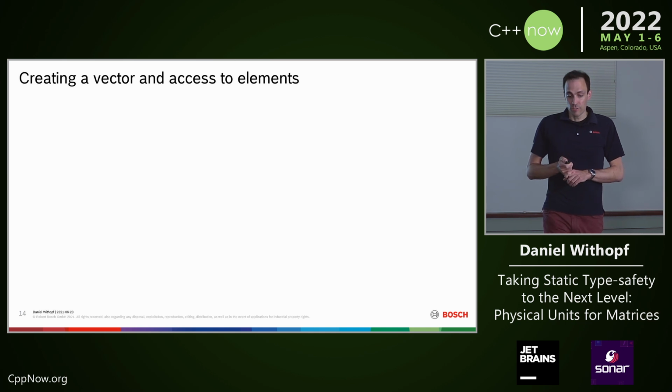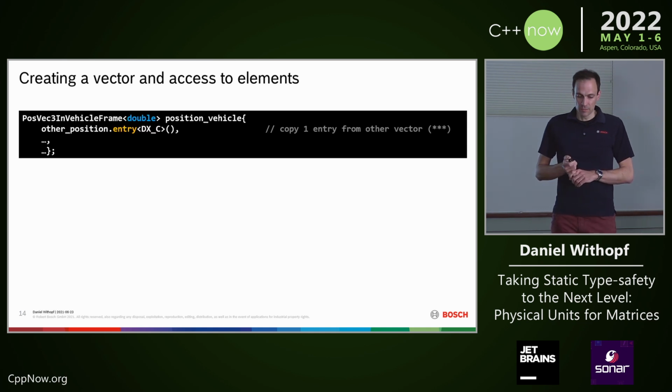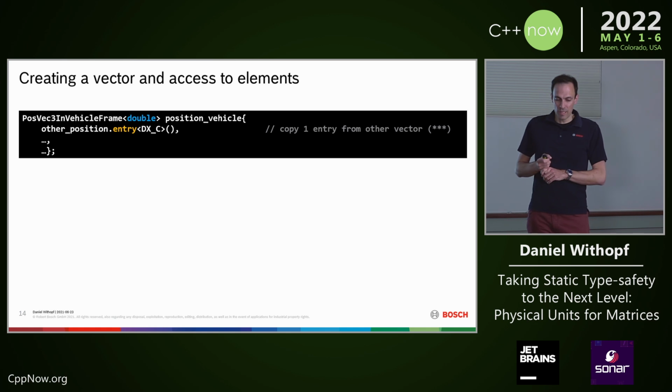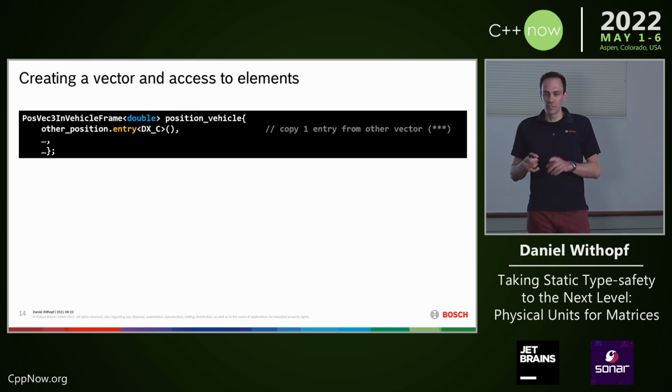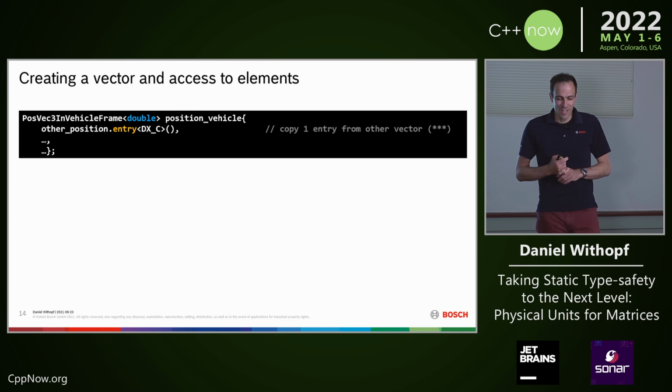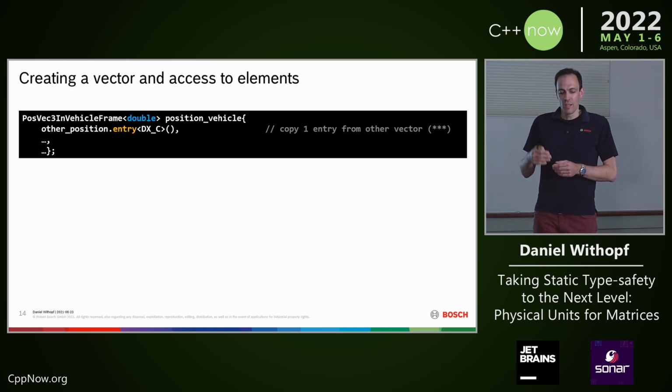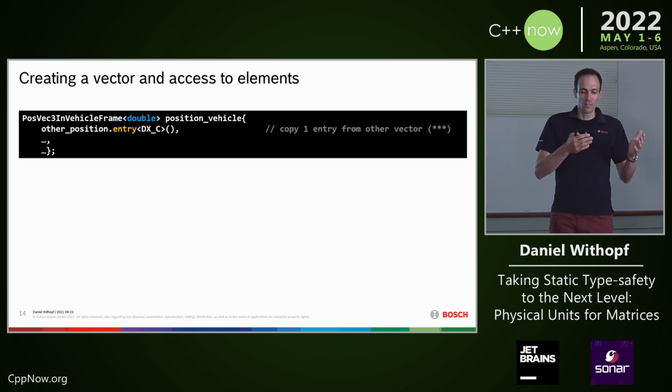Now let's see how we can create a vector and access its element or its elements. So here we create such a position vector with a dimension of 3, and we now list the individual elements, the 3 elements. For that, there are 3 different versions listed in decreasing order of type safety. So this is the most typesafe version, where you call the entry method and specify an index that's contained in another position vector.